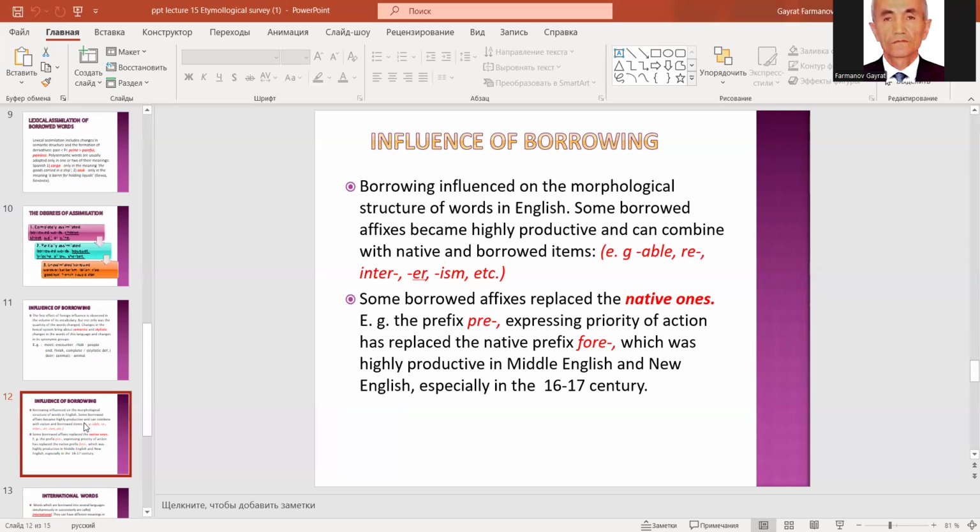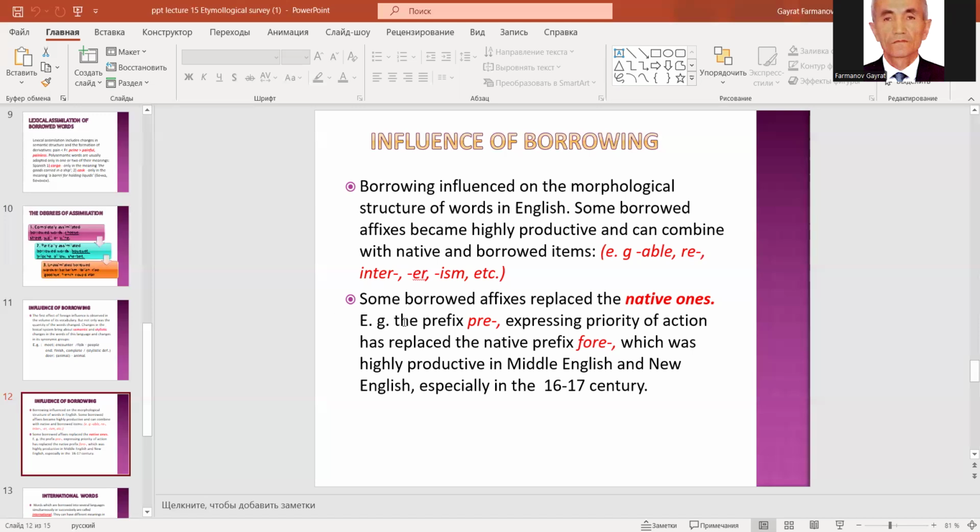Influence of borrowing. Borrowing influenced the morphological structure of words in English. Some borrowed affixes became highly productive and combined with native and borrowed items, for example able, re, inter, ism, etc. Some borrowed affixes replaced the native ones.